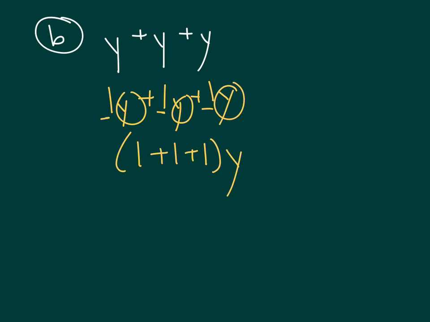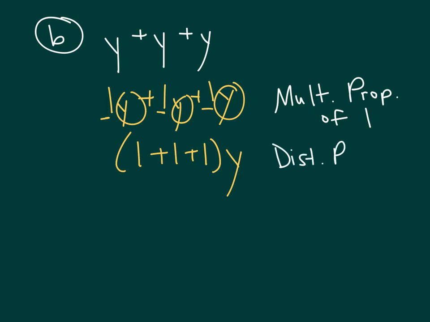And so basically up here you've got the multiplication property of 1 that we talked about, because anytime you multiply something times 1, you keep its identity or it stays the same, so the y's stay the same. And then here is that distributive property, which we'll keep practicing. And then altogether, these 3 ones make 3 times y for your final answer.